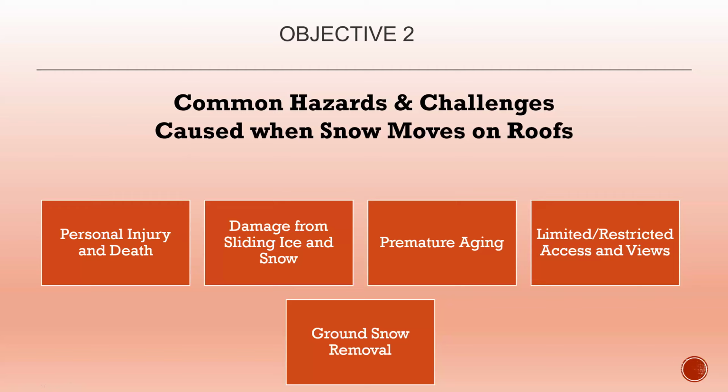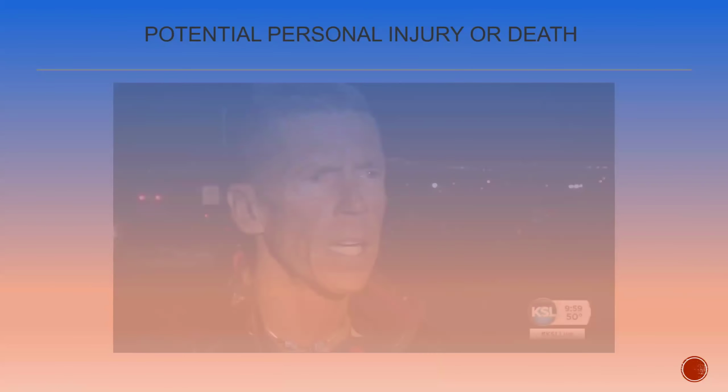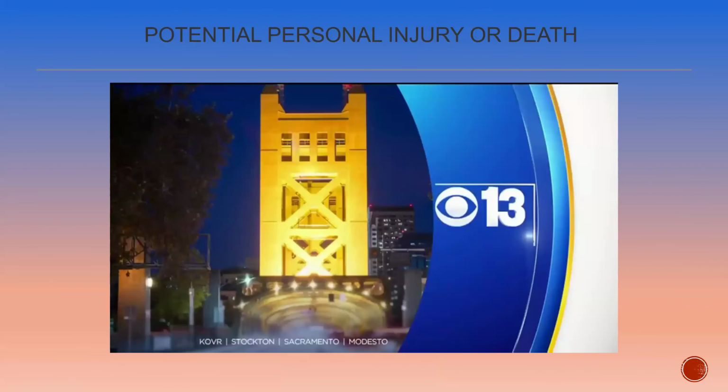So I normally have 3 videos here to play. Since I'm unable to share the sound, it's pointless to watch these videos, but they are something that I want to take a moment and just discuss. So these are 3 different videos from news articles or news videos that we've kind of captured and put into this presentation.